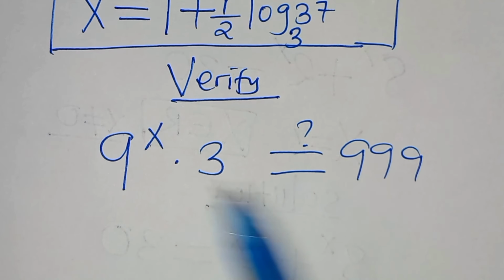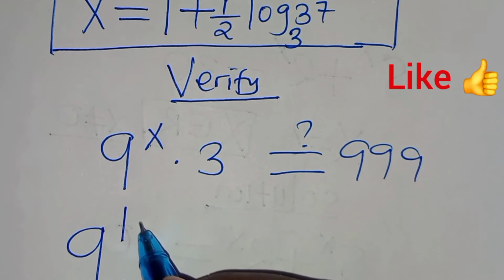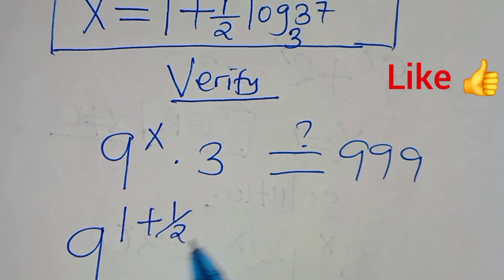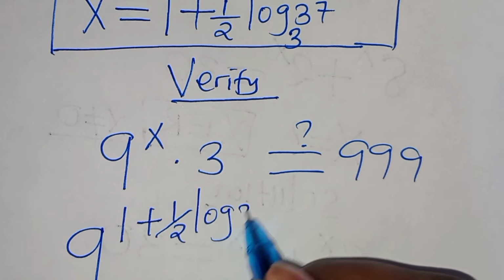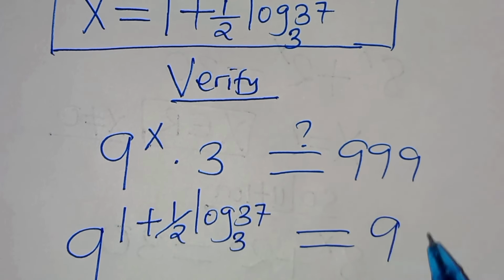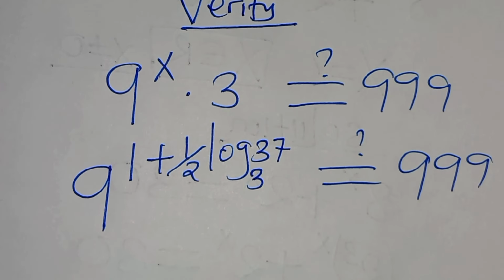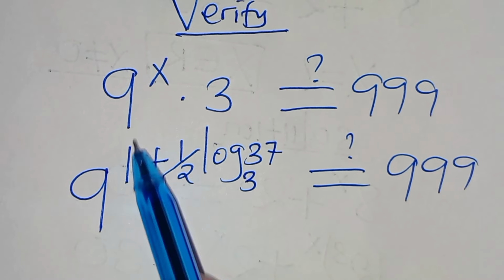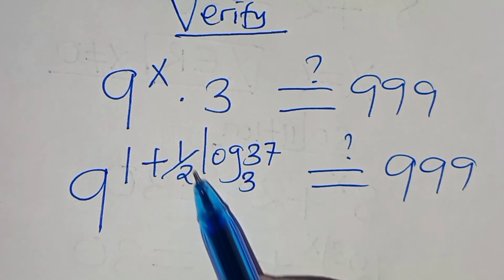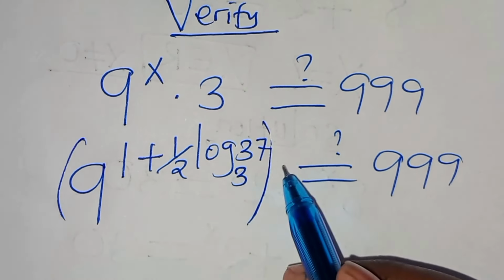So let's substitute the value of x, so that we have 9 to the power of 1 plus half log 37 to base 3. This should give us a value of 999. Now, from here, we find that 9 to the power of 1 plus a half log 37 to base 3. Remember, this is multiplied by 3.